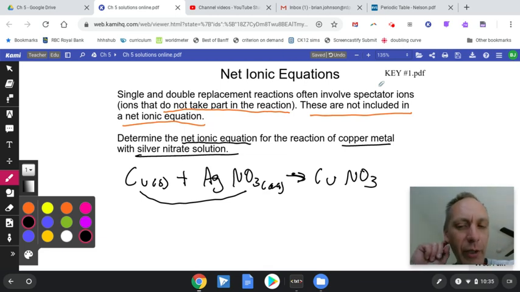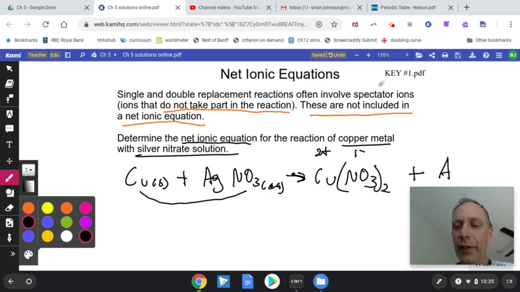So I go look on my periodic table and I discover copper 2 is the most common. So that means copper 2 needs two NO3 1 minuses to go with the 2 plus to balance that formula. And I'll look at the state in a minute. And silver's kicked off and left on its own as silver solid. So that's a single replacement reaction.